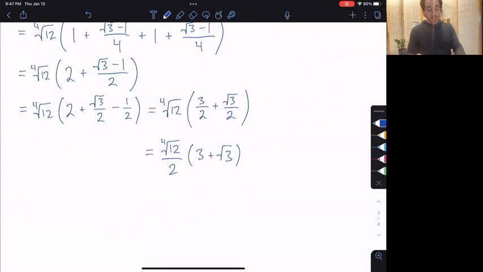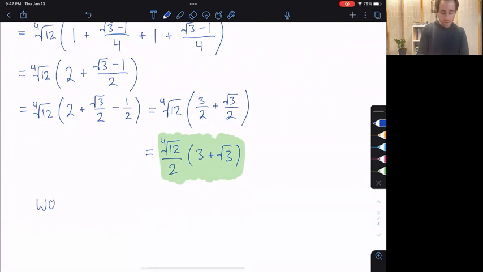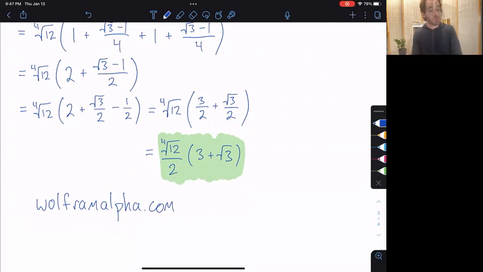Now you can use a calculator to verify that this is actually the same as the value of the integral. I encourage you to visit the website wolframalpha.com. It can do integrals for you to a shocking degree of precision.